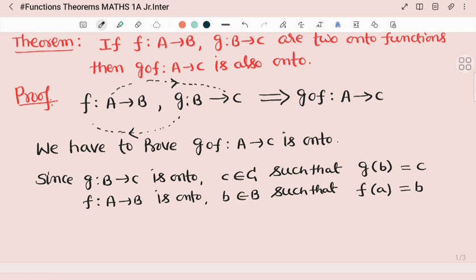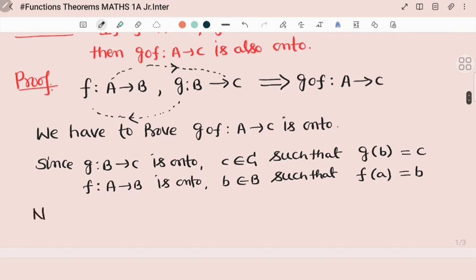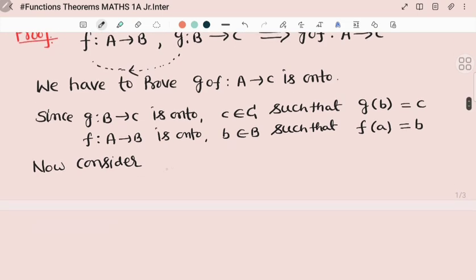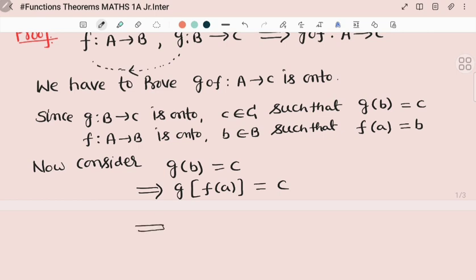So now consider, these are the definitions. Now consider g of b equal to c. That implies g of b means what? f of a only, no? That implies g of f of a, which means g circle f of a, equal to c.